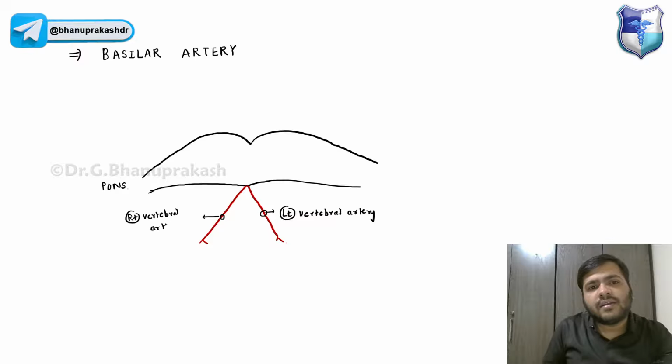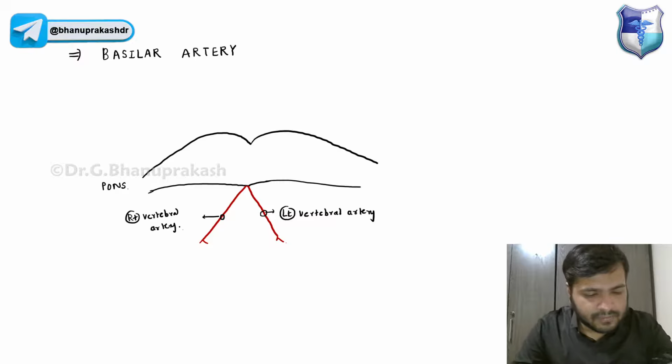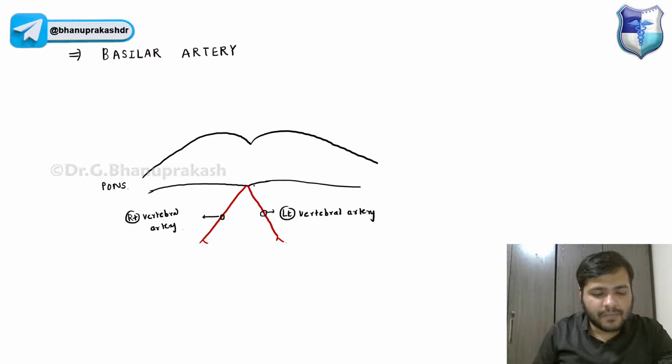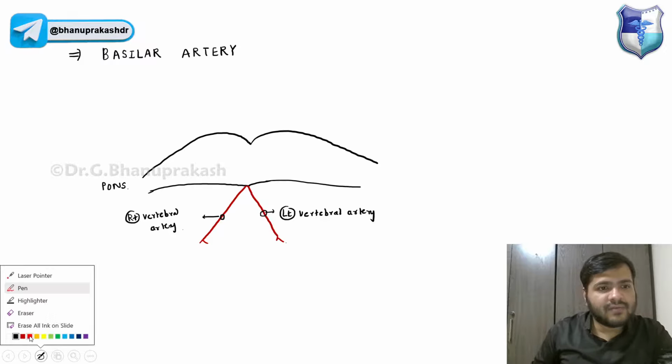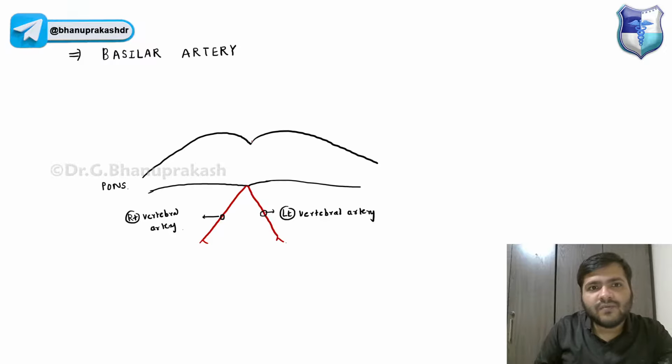These two arteries will be uniting at the lower border of the pons, and they will give rise to the one which is called the basilar artery, guys.